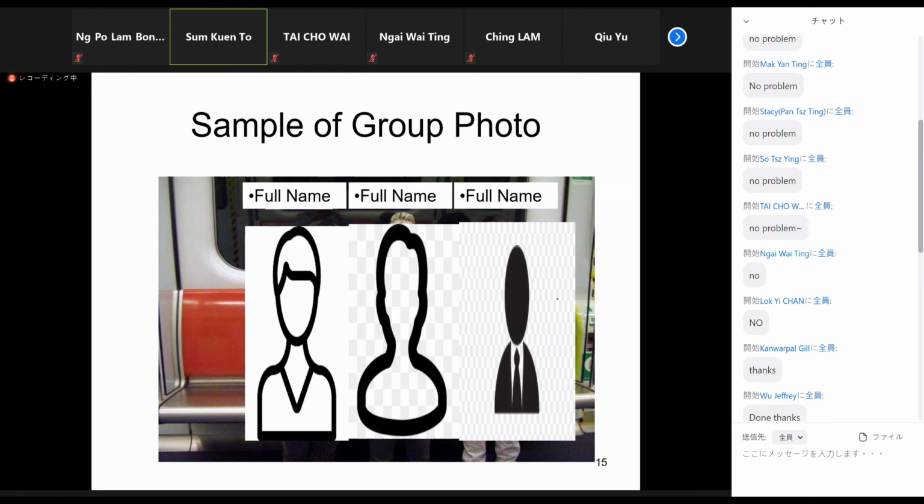That's why I don't force people, but if you turn on, good. If you don't want to turn on, no problem. I don't force anybody, especially I don't want to exercise double standards, treating myself in a good way and treating you in a bad way. So it's not fair to you. So a group photo can also help me to recognize people. Okay, so this is about the group photo.